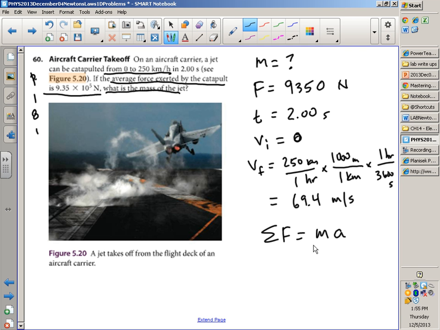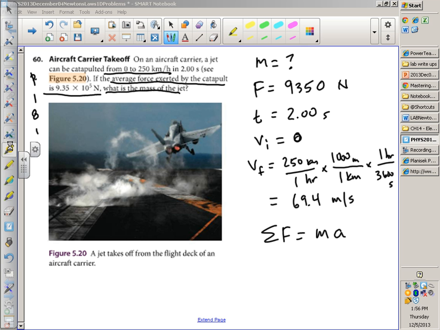If we know the net force and we know the acceleration, we could figure out the mass, right? But do we know the acceleration? It wasn't given to us in the problem, but they did give us the time and the initial velocity and the final velocity. If we know those three things, can we figure out the acceleration?